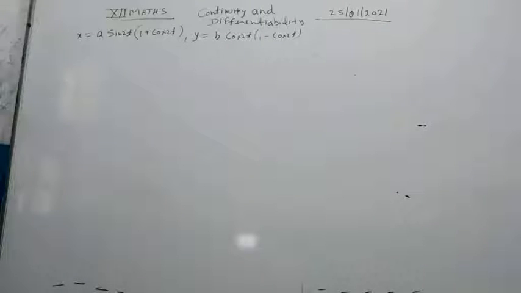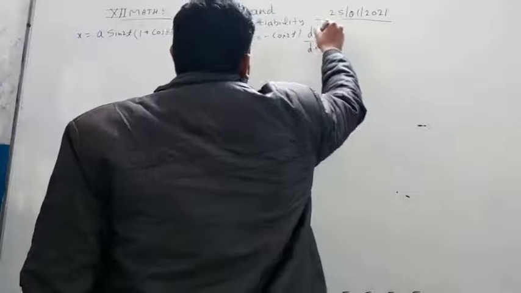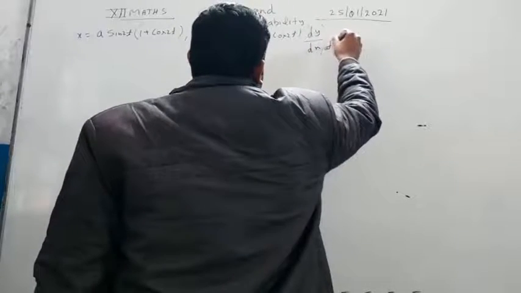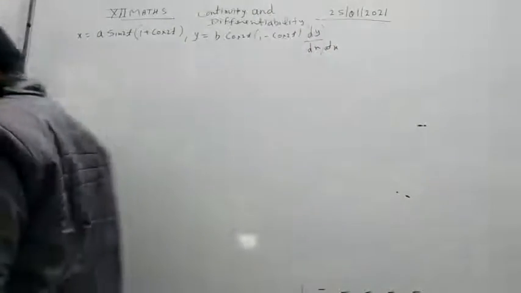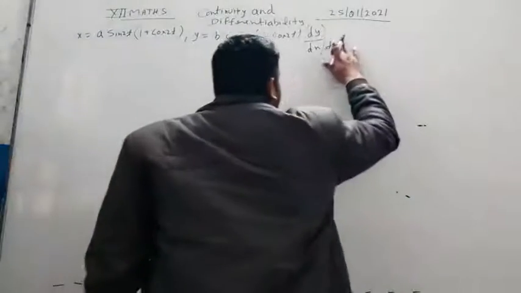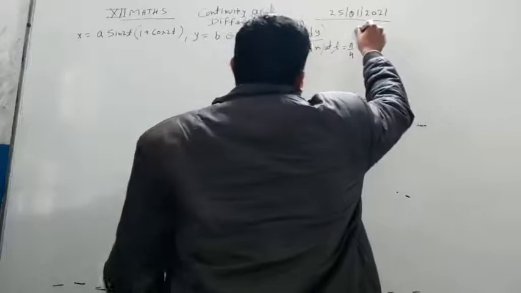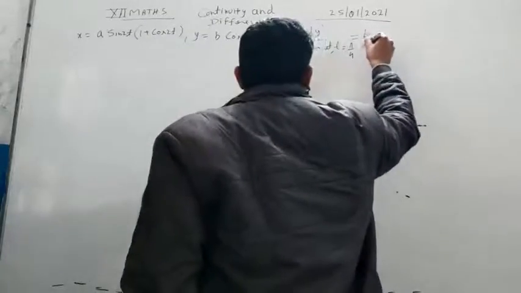Okay friends, then we have to show that dy by dx at t is equal to pi by 4 is equal to b by a.